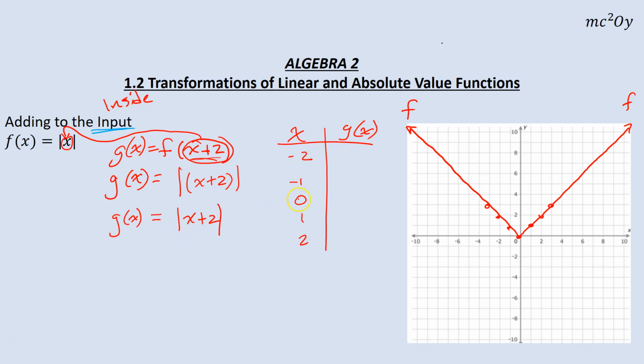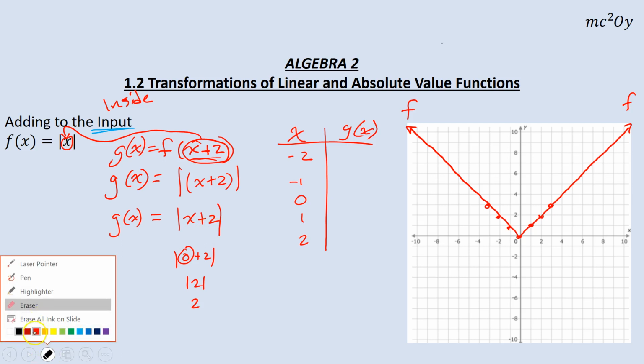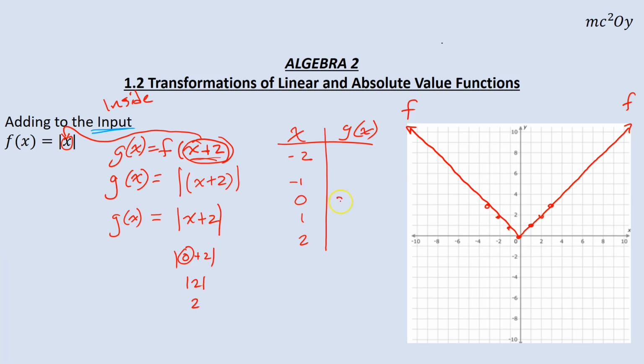Where I had 0 before, I put 0 in. 0 plus 2 is 2, and the absolute value of 2 is 2. So an input of 0 gives me an output of 2.